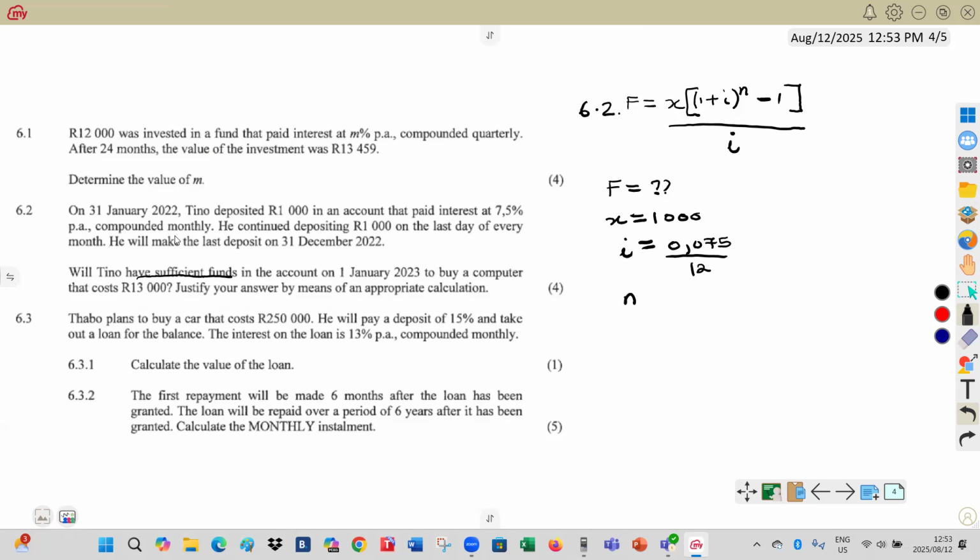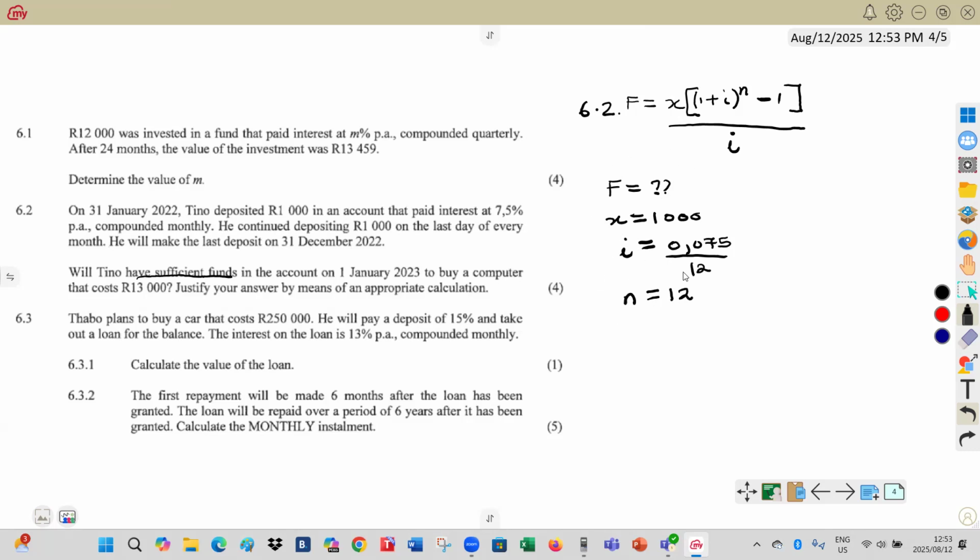Because we are talking of monthly compounding, how many payments are there? It's from 31 January 2022 to 31 December 2022. So the number of payments is 12: end of January, February, March, April, May, June, July, August, September, October, November and December, which makes 12 months, 12 payments.